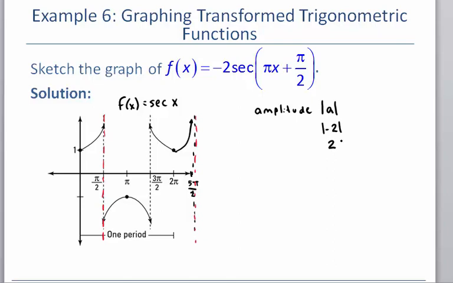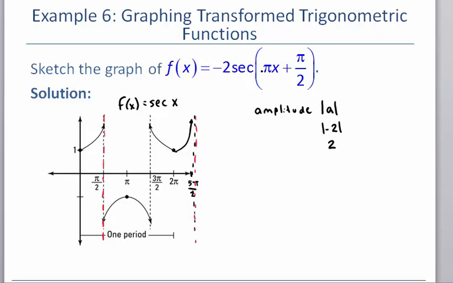So we know that the amplitude is going to be 2, which essentially means that instead of this graph bottoming out at 1 right here, it's going to bottom out at 2. It's going to shift it up. And instead of us having a negative 1 value right here at the top of this parabola, that value is going to move down to negative 2. So we'll keep that in mind as we draw our graph in just a minute.